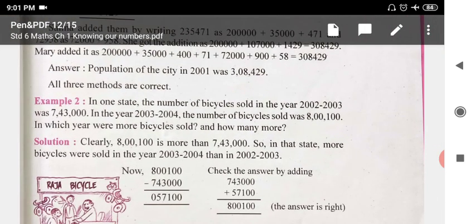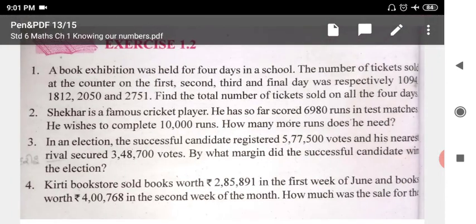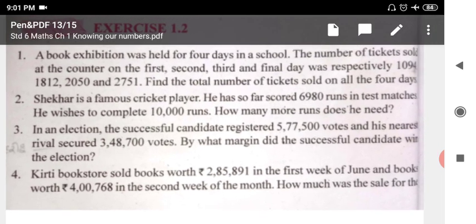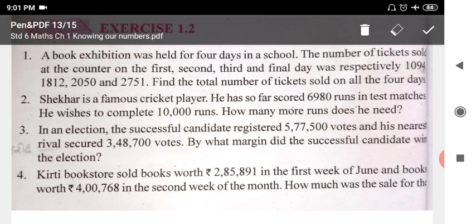Now we are moving to the exercise. Let us see exercise 1.2. First question. A book exhibition was held for 4 days in a school.